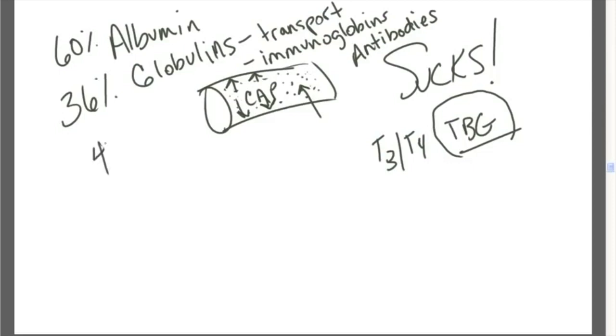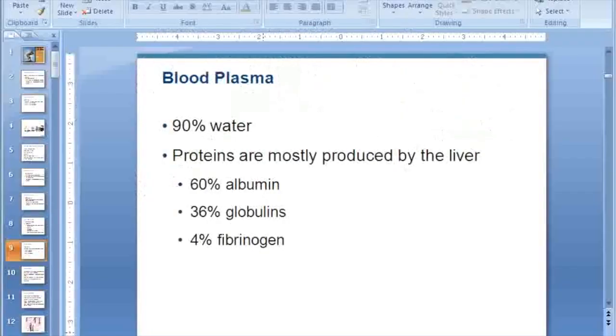And then, lowly 4%er, fibrinogen. Fibrinogen. This is the first time this semester that I get to say this. I'll get to say it a lot. When a chemical ends with ogen, it typically means that it's inactive.